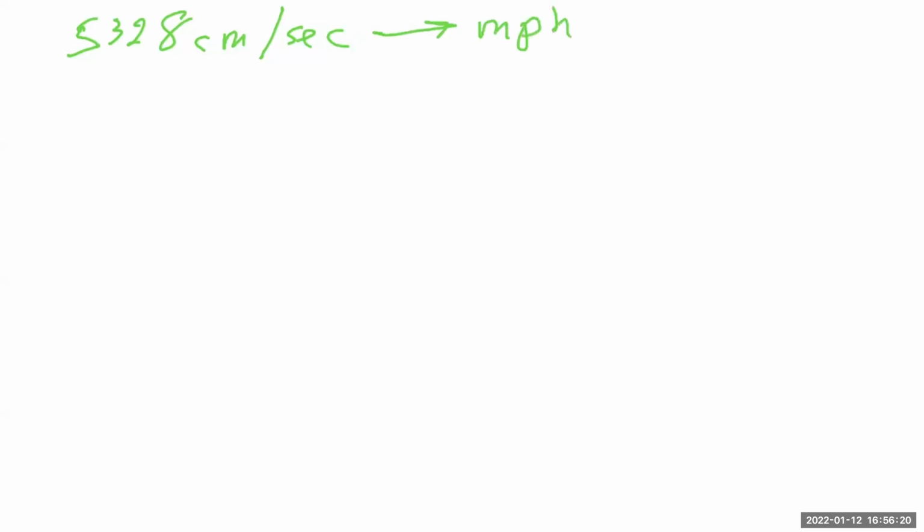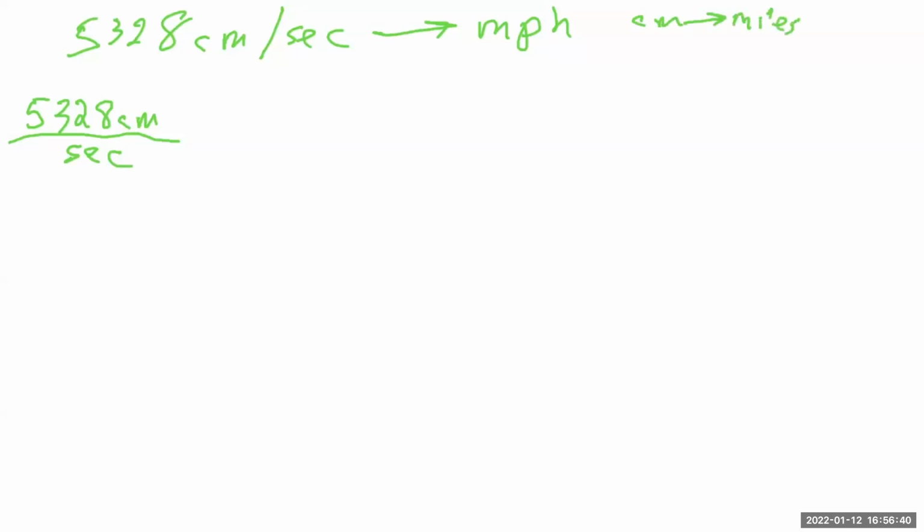So now we're starting with 2 numbers, a top and a bottom number. We're starting with 5,328 centimeters per second. So we got to convert the top number, centimeters, into miles.